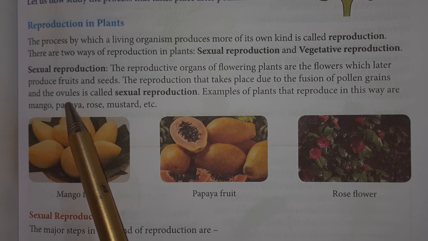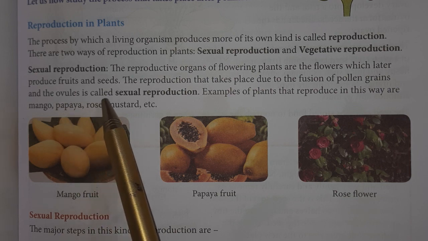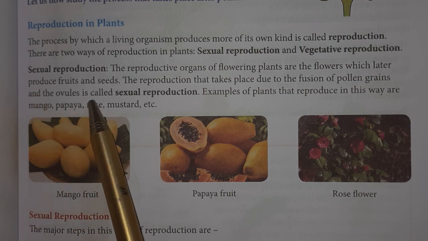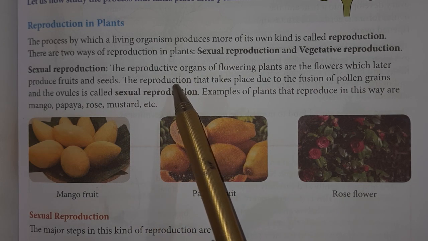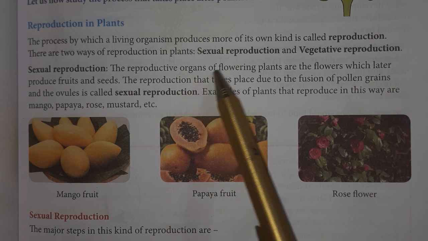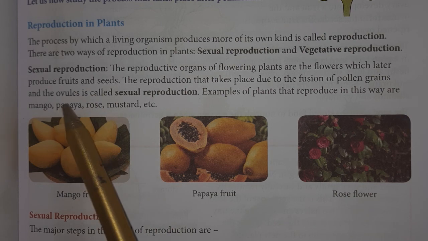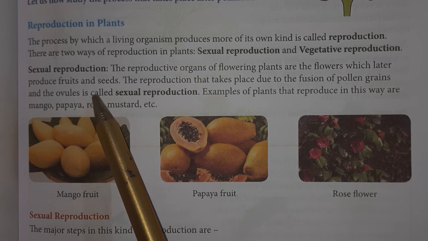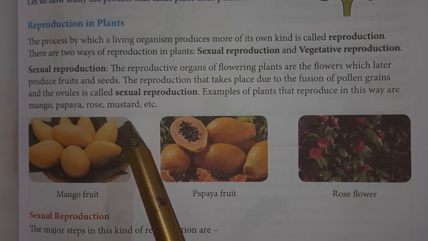Ovules are female reproductive cells, and ovary is a part of the female reproductive part that is called pistil. So we will study the process of how pollen grains reach the ovary and fuse with ovules, and how this process takes place. We will discuss later in the same chapter. Clear?